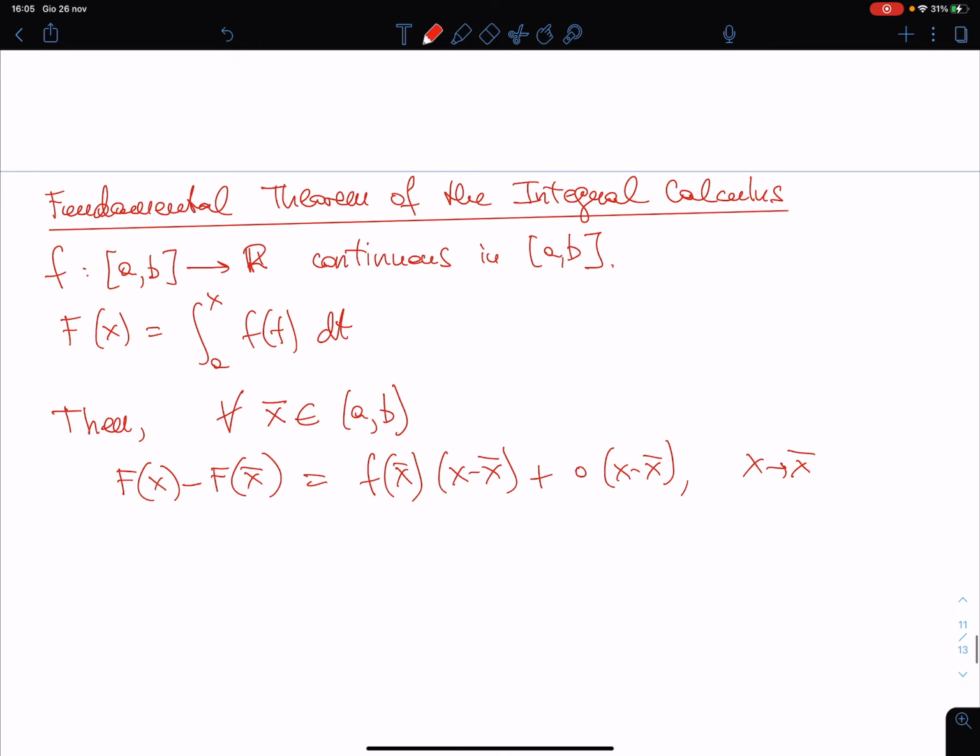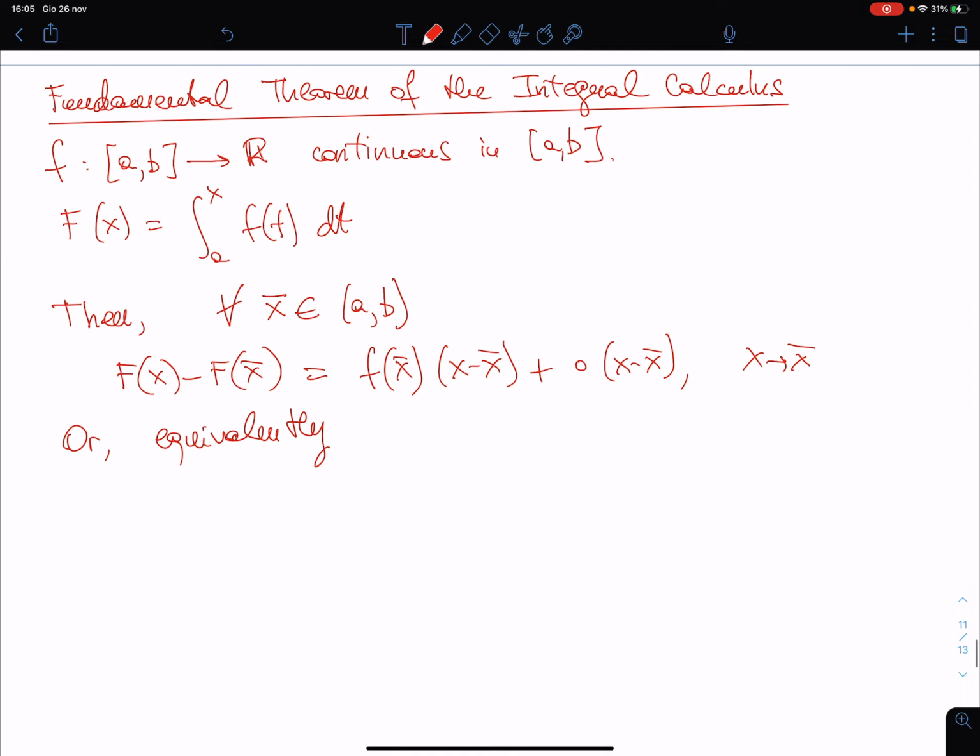Or, equivalently, the formulation is the same: the limit for x going to x bar of this strange ratio, capital F of x minus capital F of x bar divided by x minus x bar, is equal to small f of x bar.